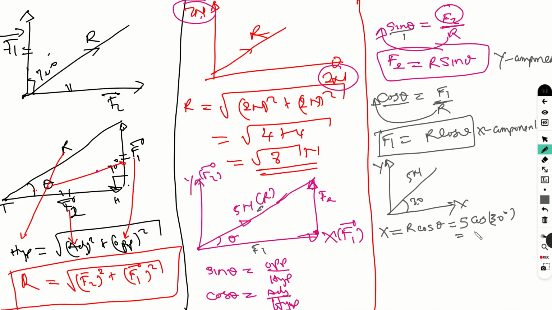So that will be 5 times root 3 on 2. So your answer will be 5 root 3 on 2. You can leave it like this, or you try to simplify it, no problem. Then your y component will be equal to R sine theta, which will be 5, sine 30.